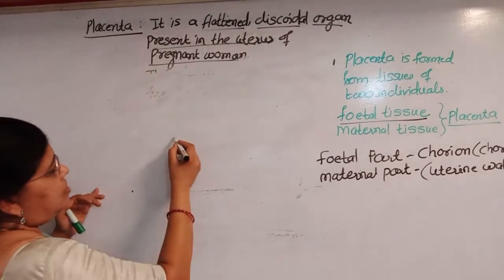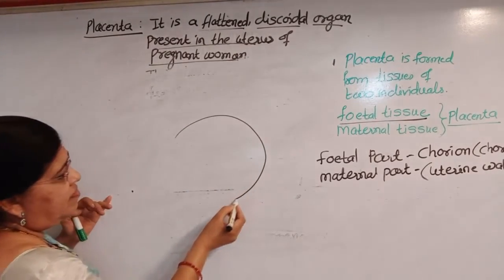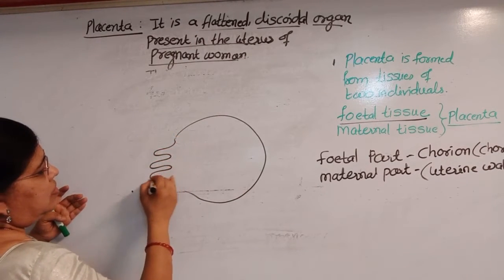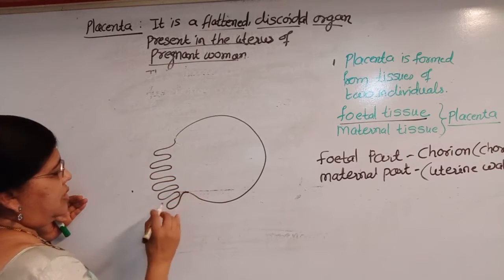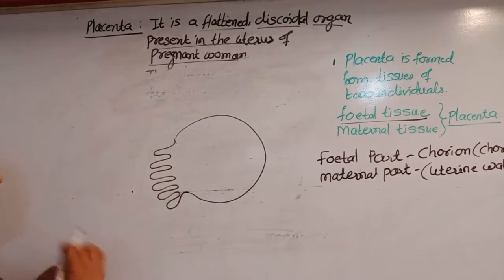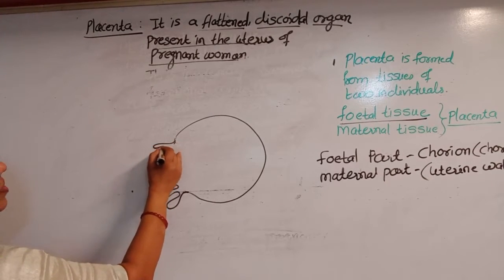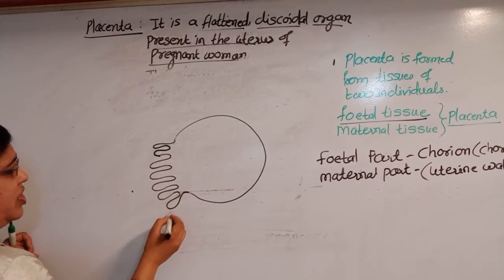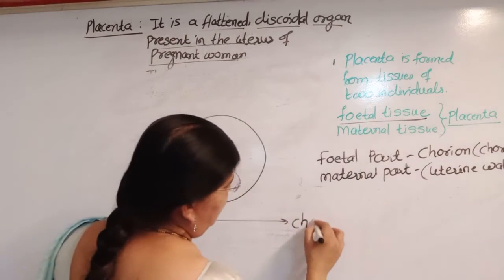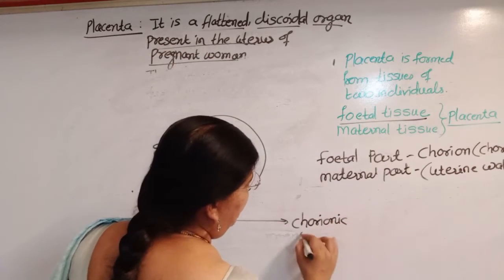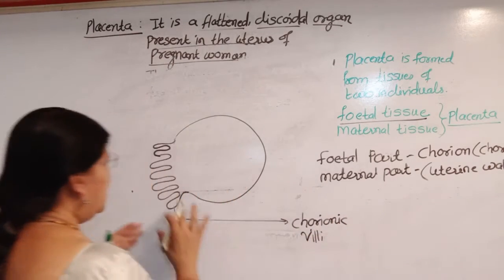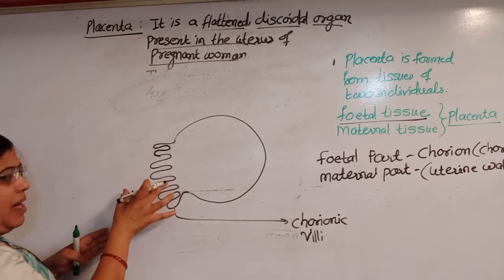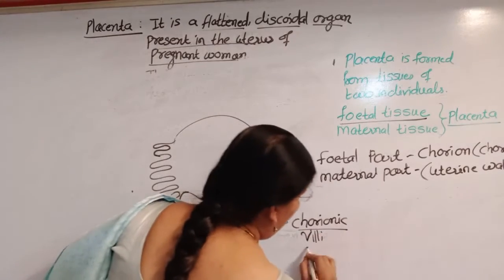So see, this is embryo and these are chorionic villi. This is fetal part of placenta, and fetal placenta is formed from chorionic villi.